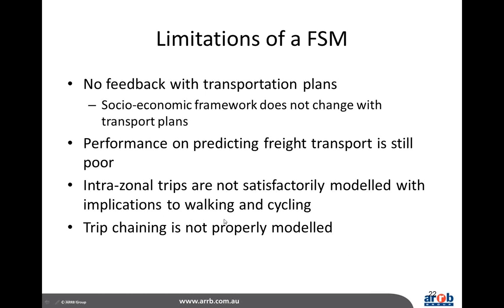Walking trips tend to be short distance and it's just not possible. So there are some limitations in that case. As illustrated earlier, the trip chaining phenomenon could not be modeled properly, as opposed to, say, an activity-based model.